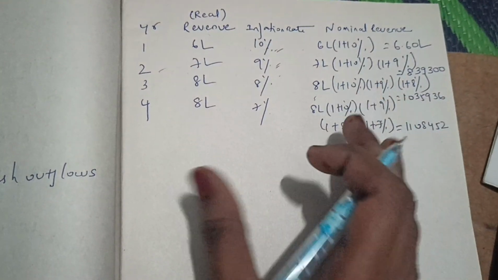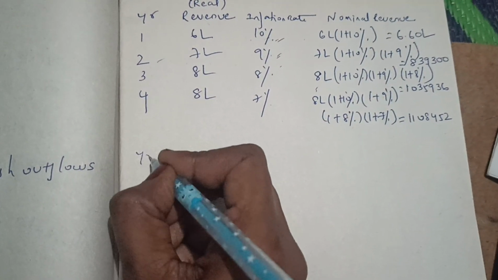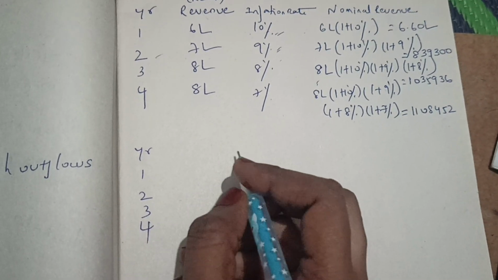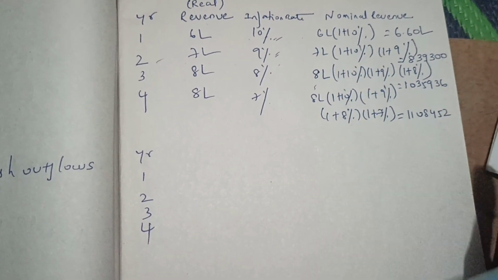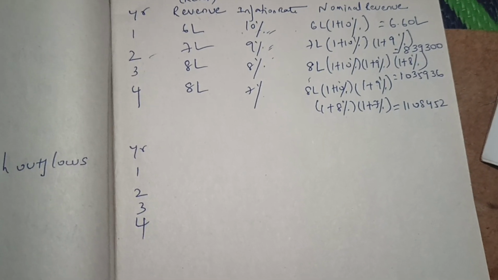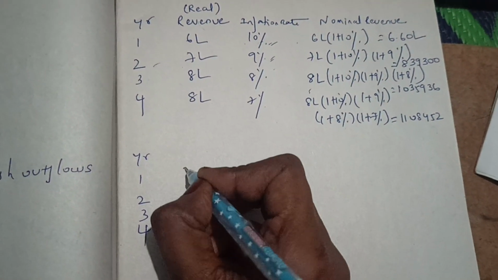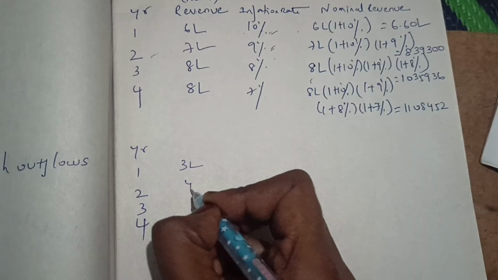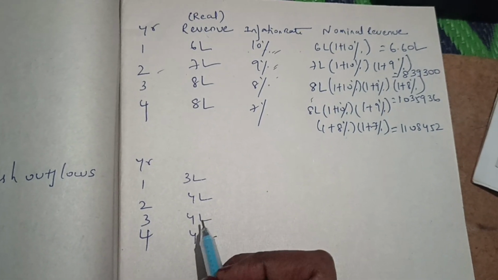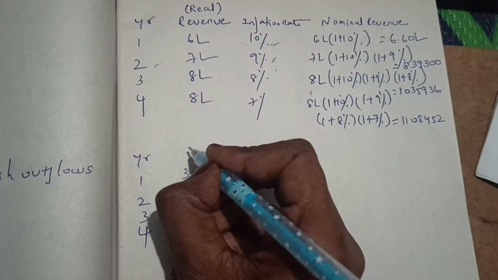Now we will do the same for cost. We have 4 years and cost is given as 3 lakhs, 4 lakhs, 4 lakhs, 4 lakhs. Is this cost real or nominal?